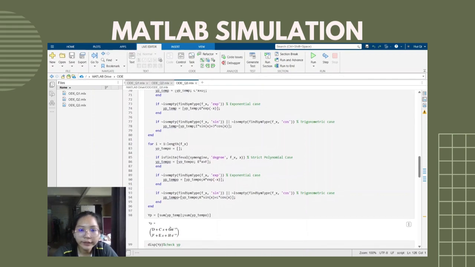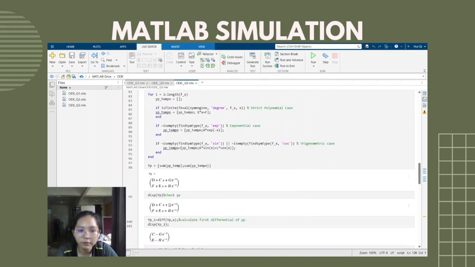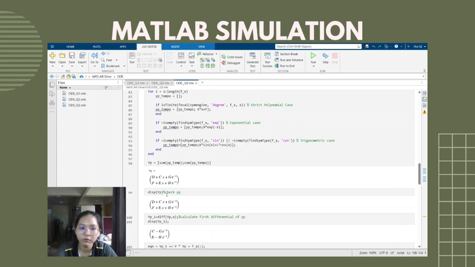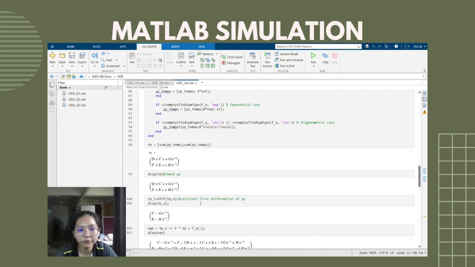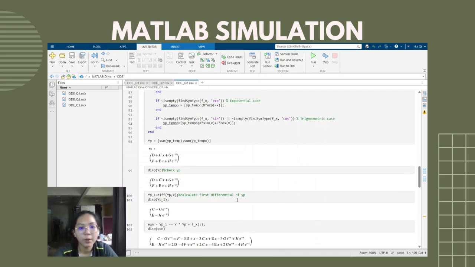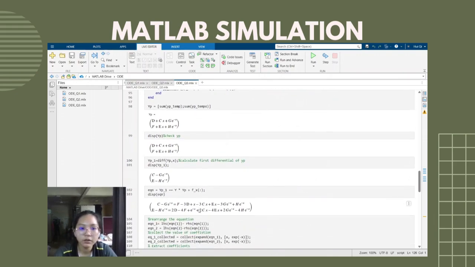For our case, the right hand side f(x) is an exponential case and a straight polynomial case. After summing, it will become this equation, and we need to check it for our manual work. So we display the equation, and now we calculate the first differentiation of yp, and this is for our checking as well.